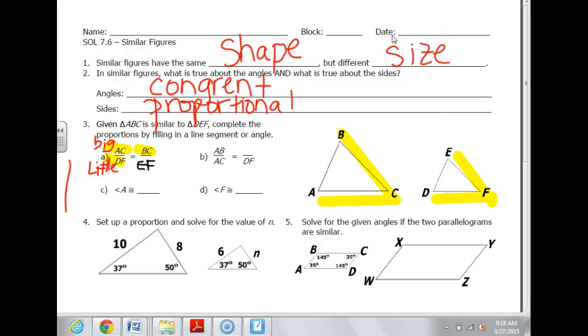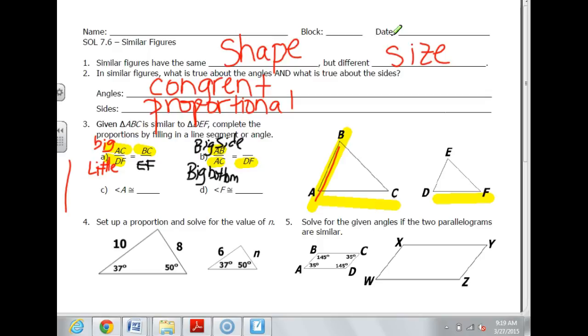Alright, so then for B, let me erase those. It says AB over AC. So this is going to be big side, and this one would be big bottom. We've already done AB and AC, so now we have to look at DF, and that's on the bottom.